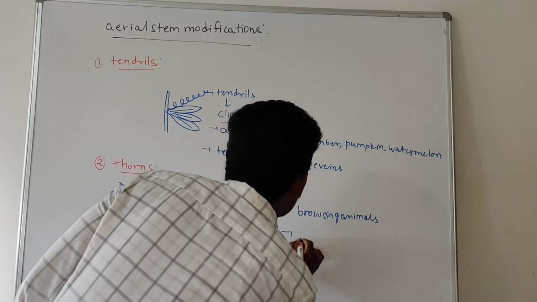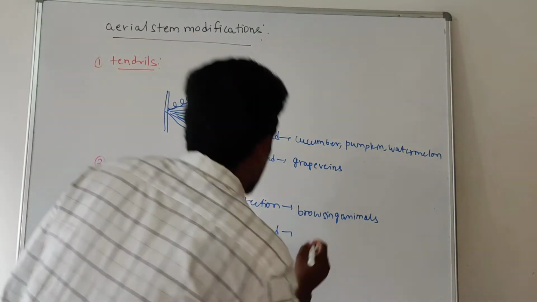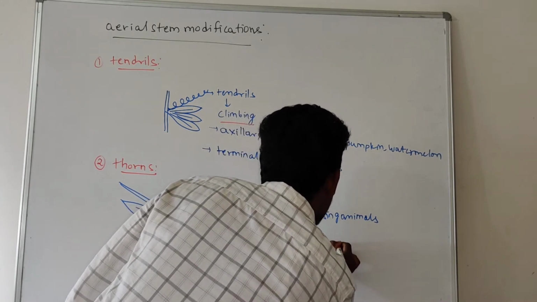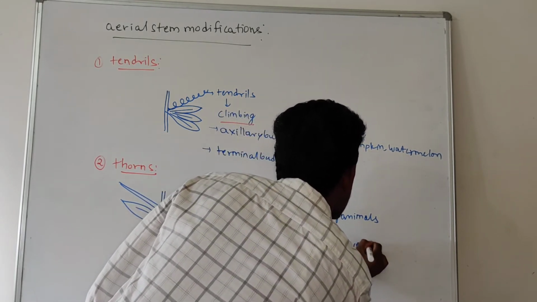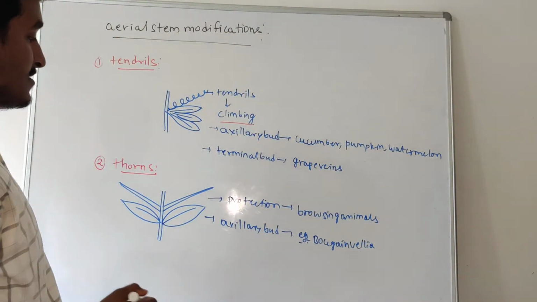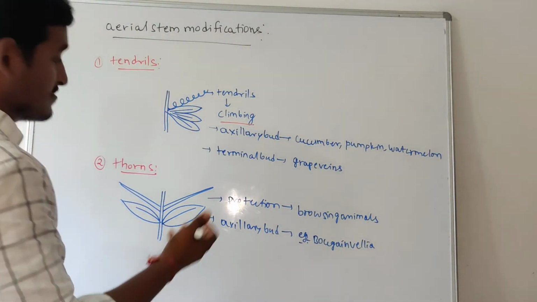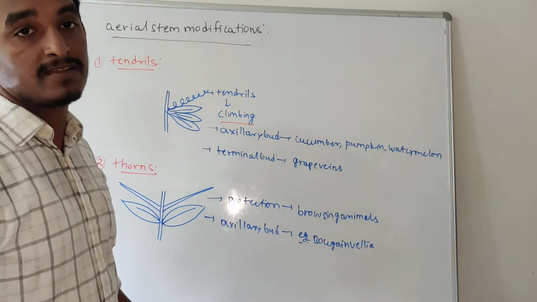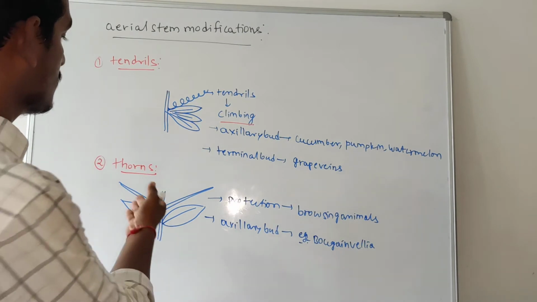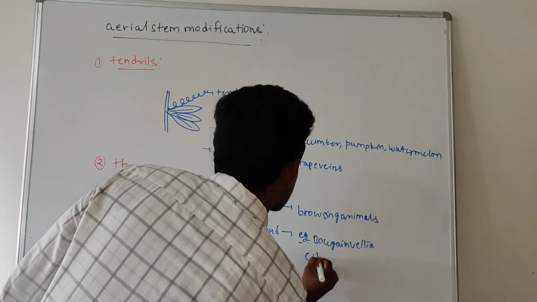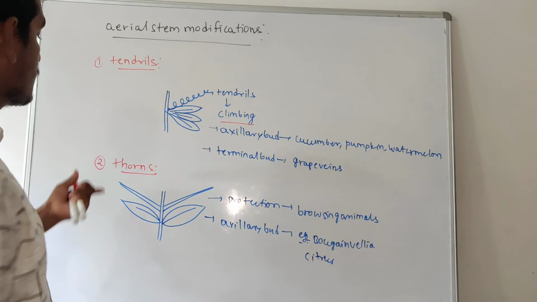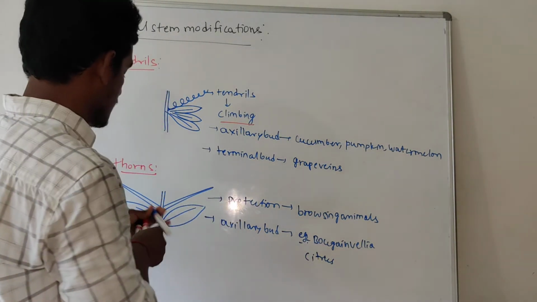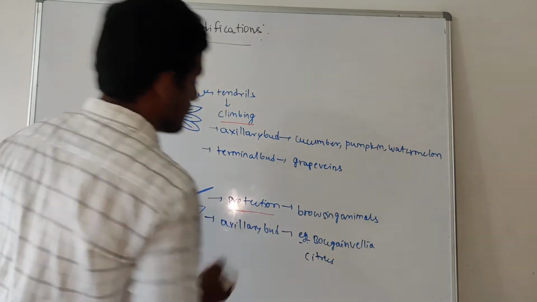An example for this one is Bougainvillea, Duranta. In some plants, the terminal bud may convert into a thorn. Some other examples for thorns: if you take a citrus plant, it also shows thorns. The main function of thorns is that it helps in protection.